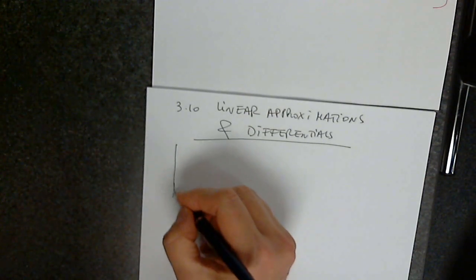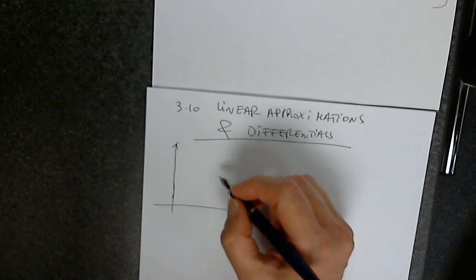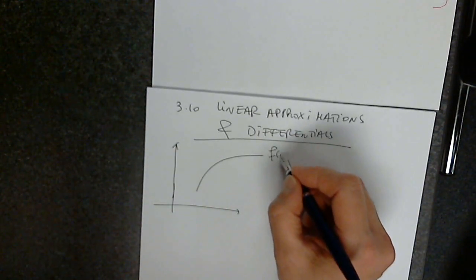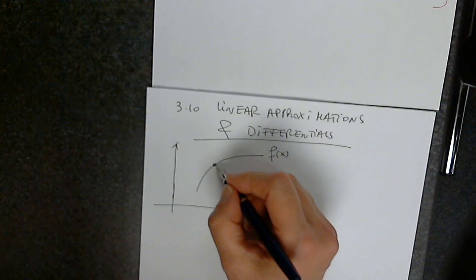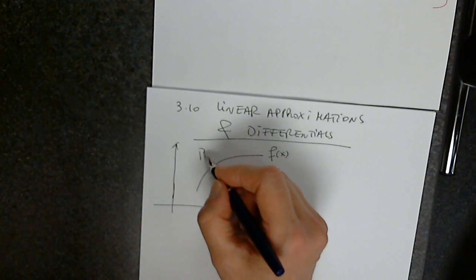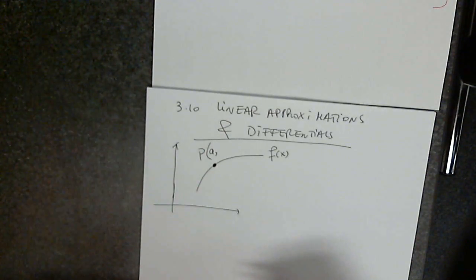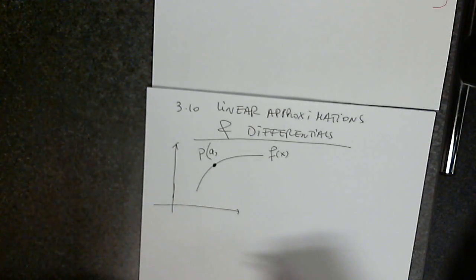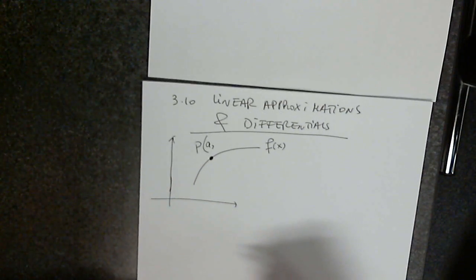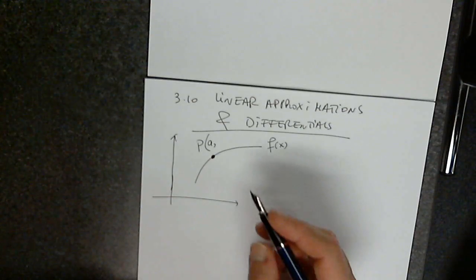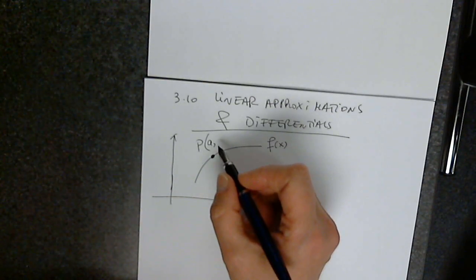Let's look at the following scenario. We have a function f of x, and I have a point, let's say P, of coordinates a, f of a.